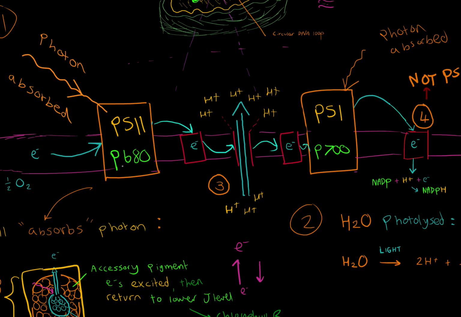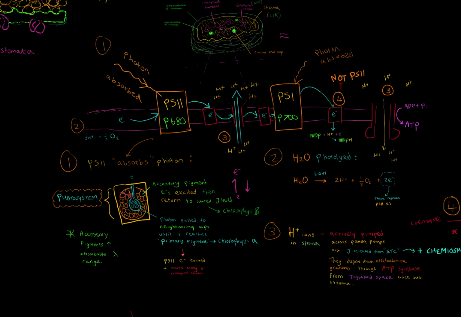Think about this: if I have a weed killer and it destroys PS2, straight off the bat non-cyclic photophosphorylation won't be able to occur, because the PS2 electrons have to build up here and provide the extra energy for PS1 electrons. So none of this will occur if PS2 is destroyed.